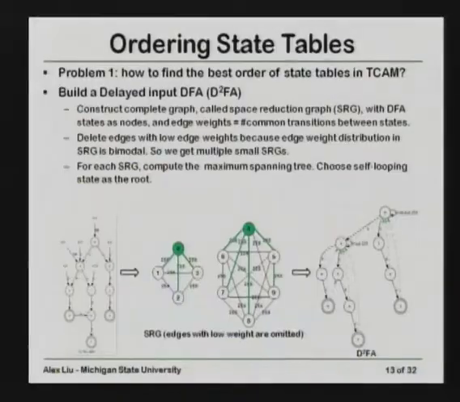Every step we still consume one character, so we don't have any speed penalty. For example, in this case, state 9 will defer to 5, 5 defers to 4, and a self-looping state is a state where half of the outgoing edges point to itself.